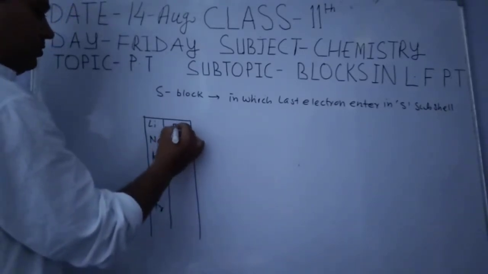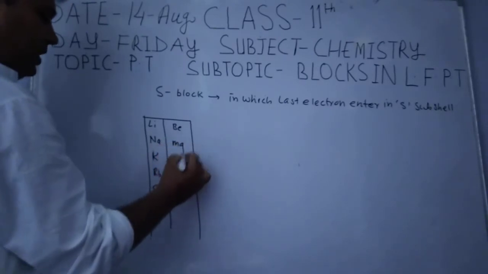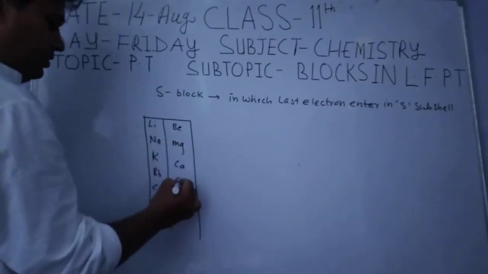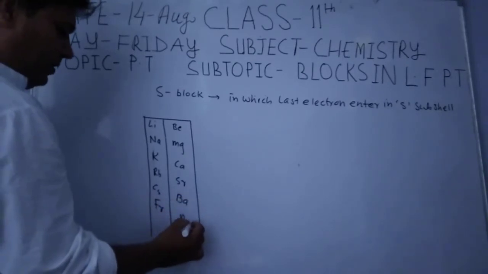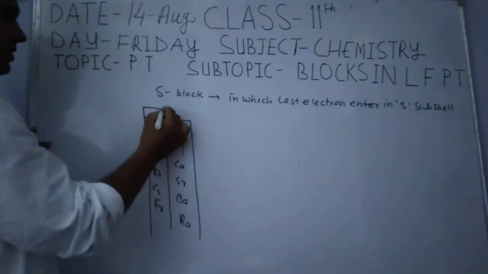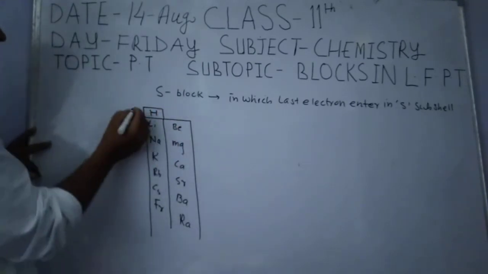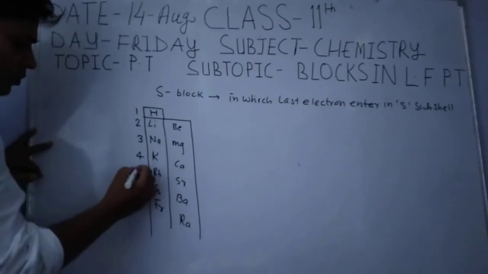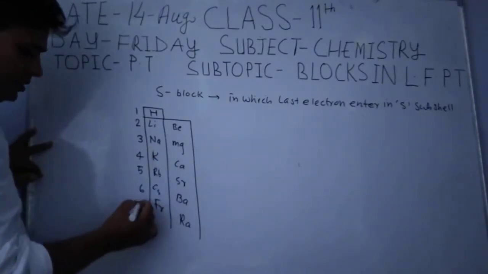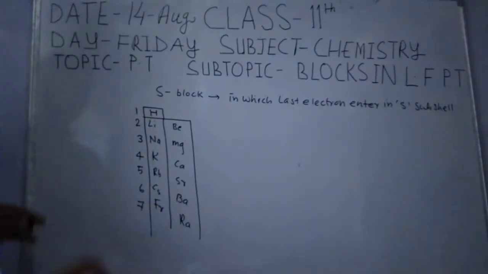This is beryllium, magnesium, calcium, strontium, barium and radium. And this is hydrogen. This is first period, second period, third period, fourth, fifth, sixth and seventh period.